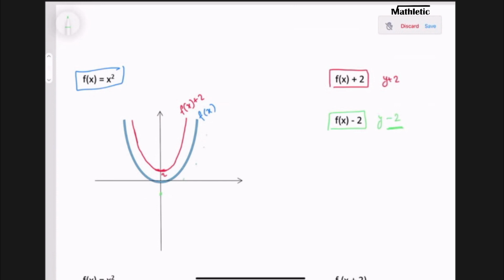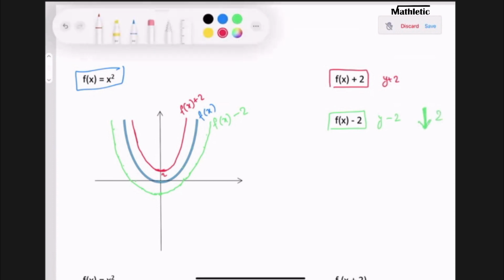Similarly, each and every single point will shift 2 units vertically downward. If I join them up, I get the curve for f of x minus 2. As you can see, when you use f of x minus 2, it's just a vertical transformation, right? The curve will move 2 units vertically downward.